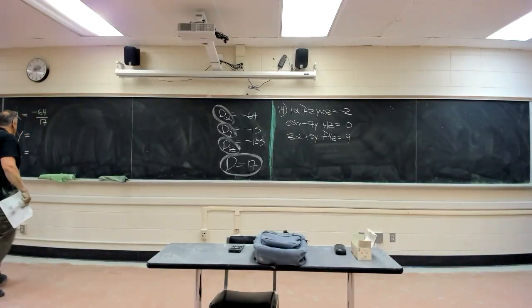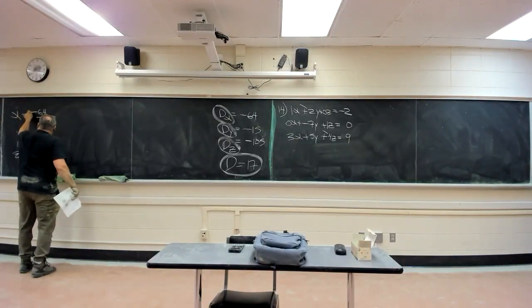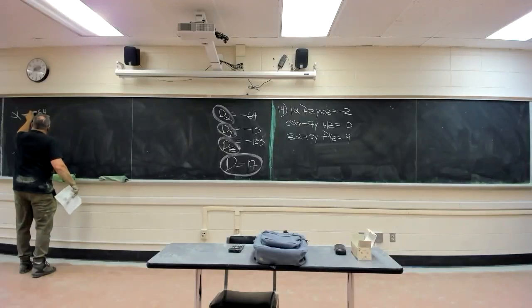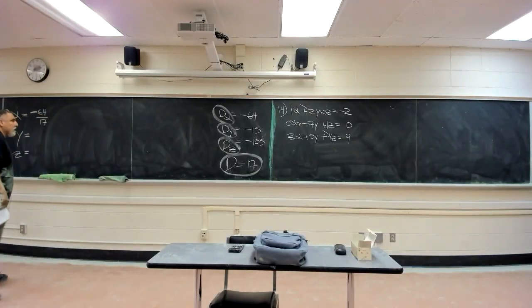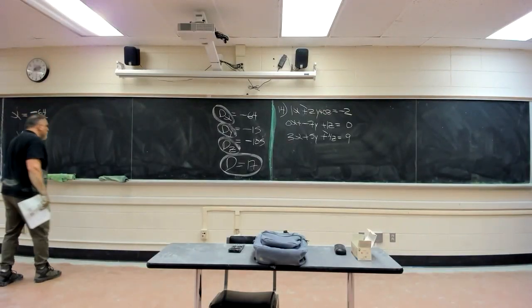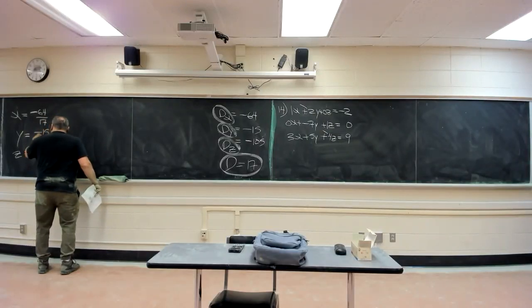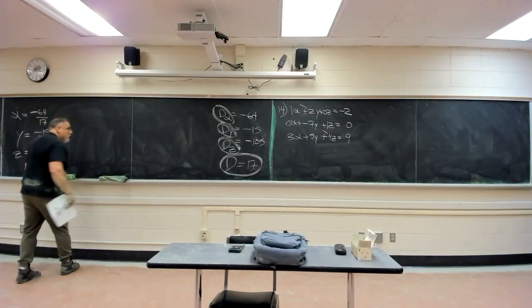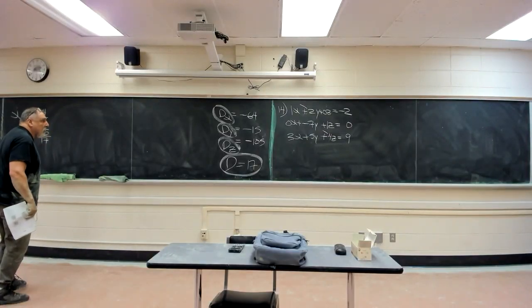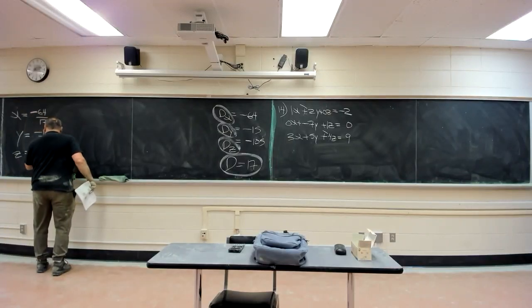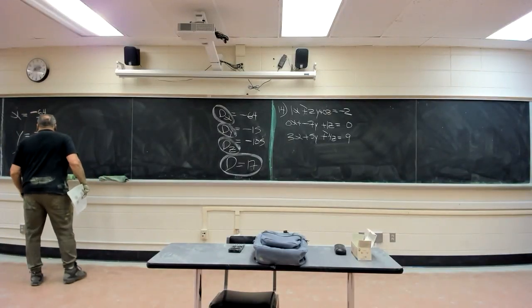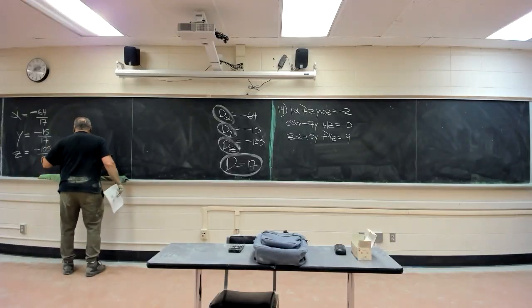Negative 64 over 17. There are your answers. Let's get an approximate answer.